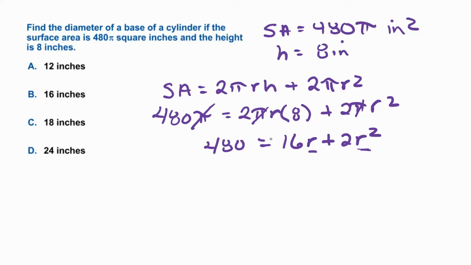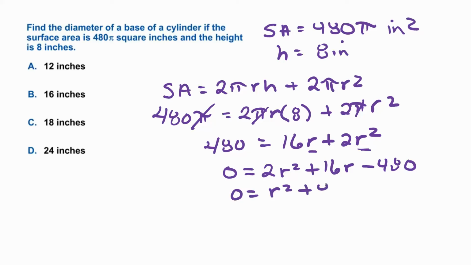So I'm going to subtract 480 from both sides, and I'll have 0 equals 2r squared plus 16r minus 480. I can divide each term by 2. So I'll have 0 equals r squared plus 8r minus 240.